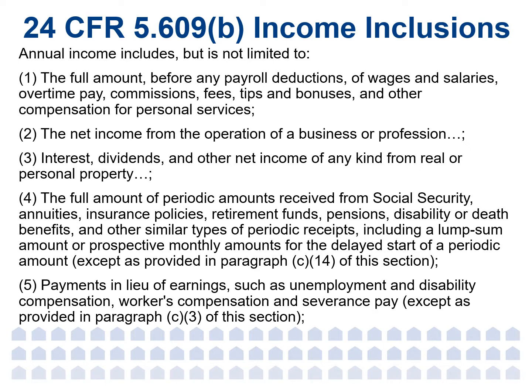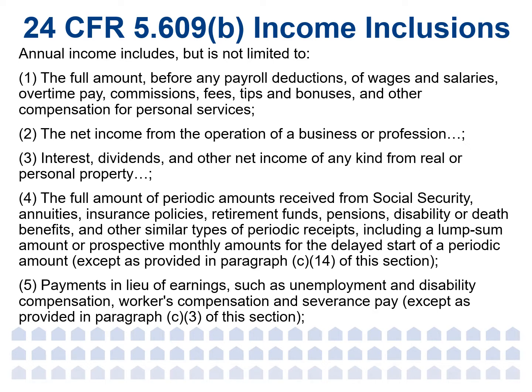Income also includes interest, dividends, and other net income from real estate or personal property. This is another type of income that you are not likely to come across. However, if you do, you want to look at 24 CFR 5.609B3 to figure out how to determine net income from property.